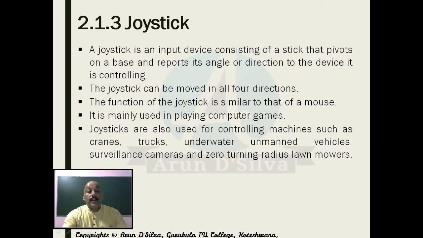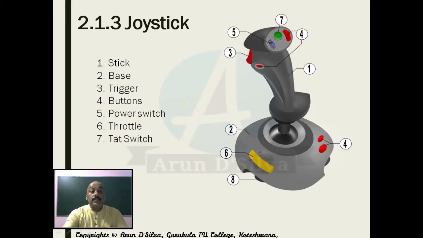Joysticks are also used for controlling machines such as cranes, trucks, underwater unmanned vehicles where people will not be there, to control the vehicles, and surveillance cameras, zero turning radius lawn mowers. So in these cases the joystick will be used. Today a drone camera also uses a joystick only. Anyway, this is the basic idea.